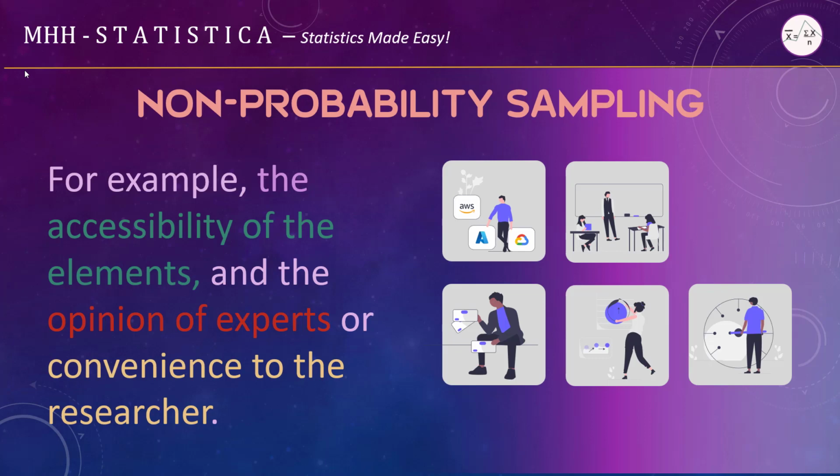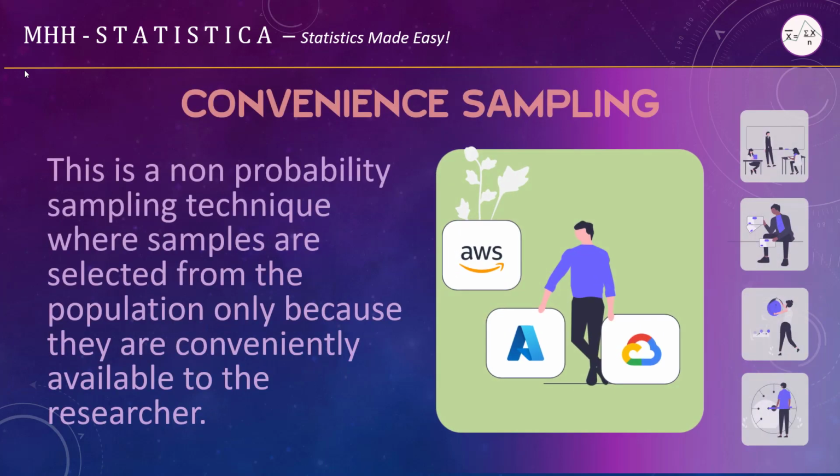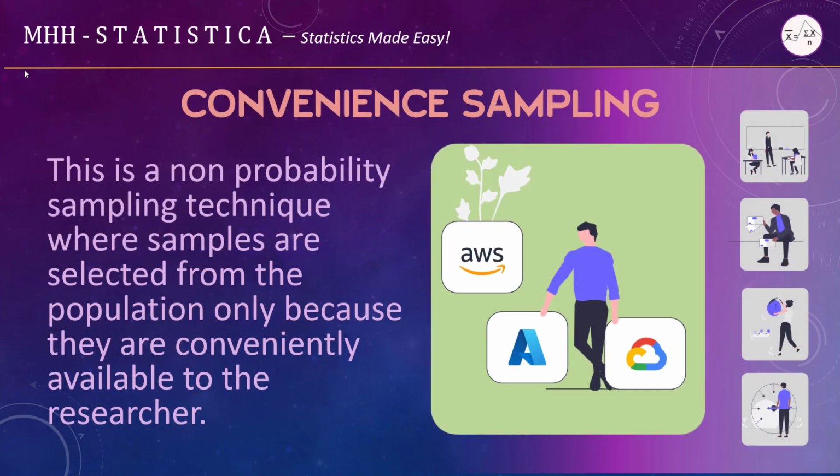Here are the types of non-probability sampling. The first one is convenience sampling, a non-probability sampling technique where samples are selected from the population only because they are conveniently available to the researcher.